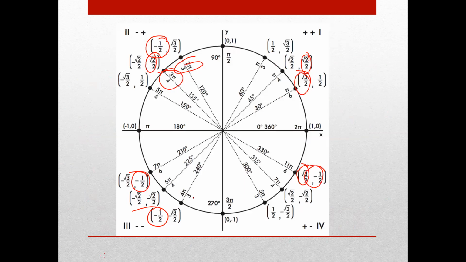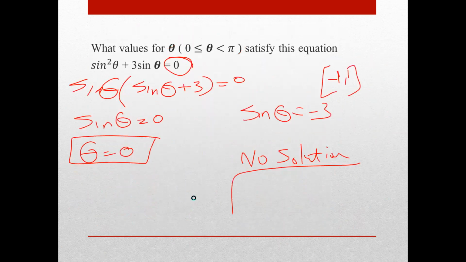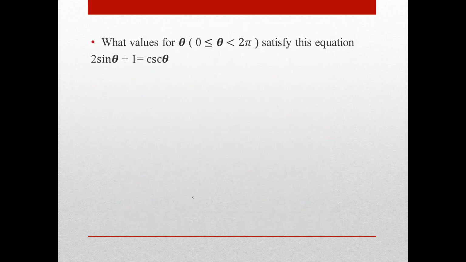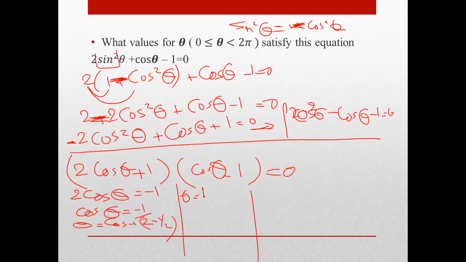Cosine is negative, so I'm talking about quadrant 2 and quadrant 3, at 120 and at 240. Now look here, the interval is until 2 pi, so 240 is included.